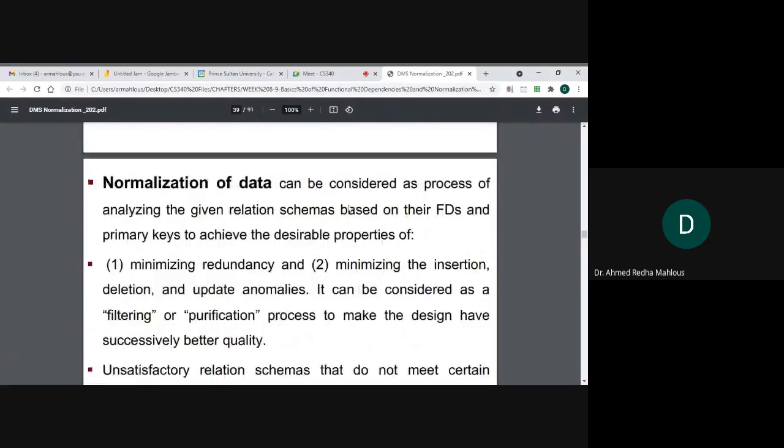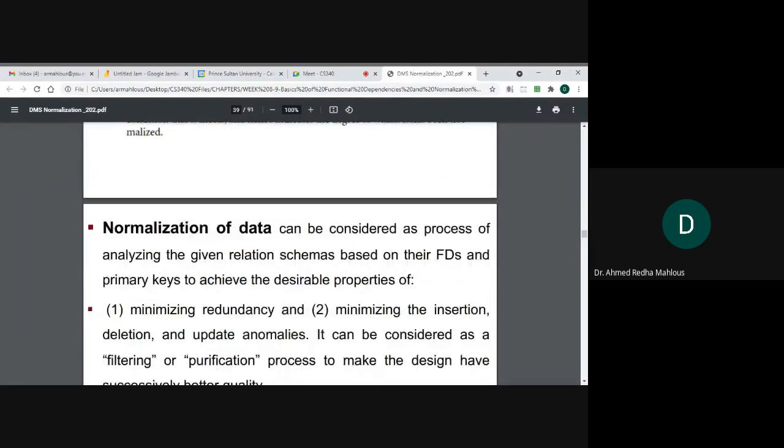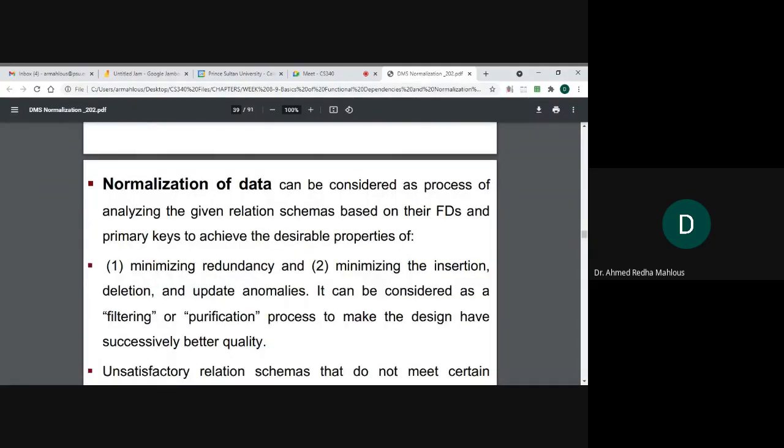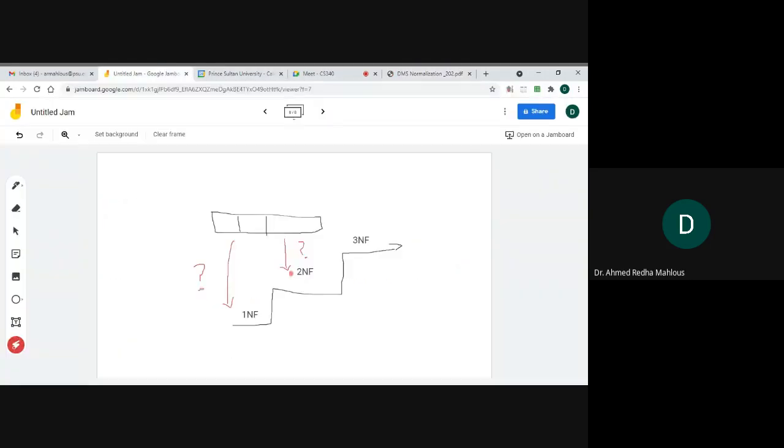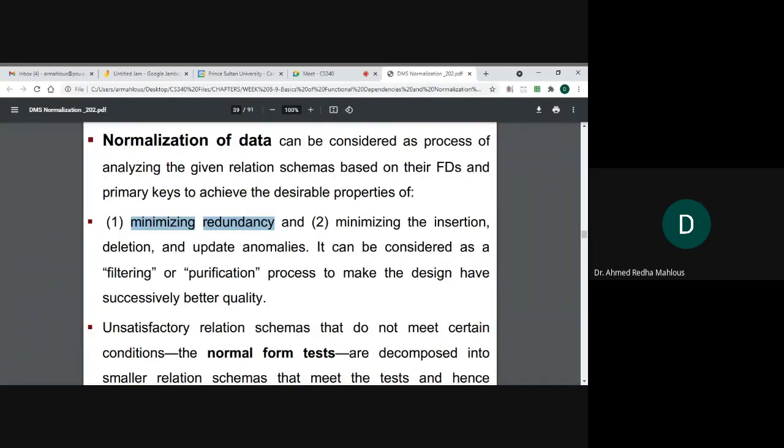So the normalization of data. When you do normalization of a schema, it is based on the functional dependency and the primary key. What is the objective? It is to minimize redundancy. When you make your relation schema 1NF, 2NF, 3NF, you are trying to minimize redundancy. This is the first thing.